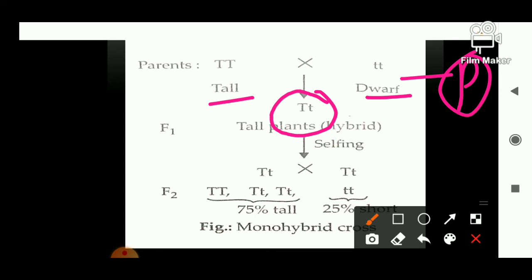It will come in the heterozygous condition, and all plants in the F1 generation, this is the first filial generation, will be of heterozygous mixed breed, right. But they are the hybrid, है ना. But what happened, this T is dominating in nature, all plants appear tall.